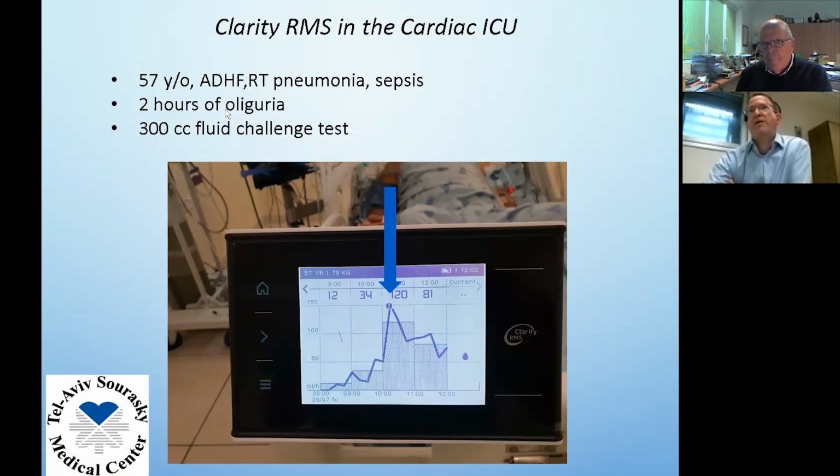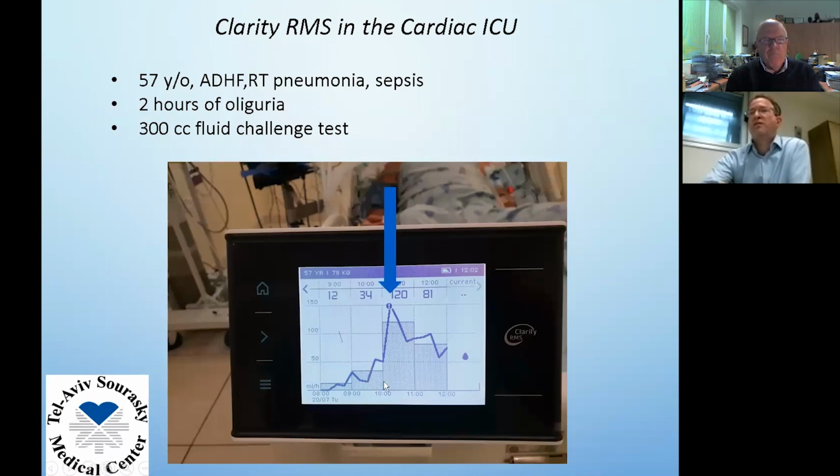In this case, we have patients who were admitted to our ICU with sepsis and pneumonia. Following admission, we observed 2 hours of oliguria, and following the observation of oliguria and alarming us about the presence of oliguria, we performed a 300 cc fluid challenge test.